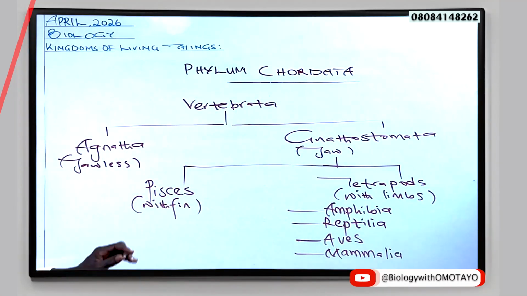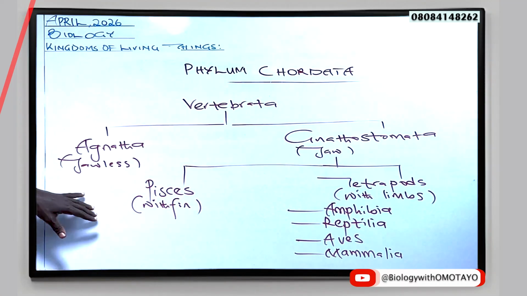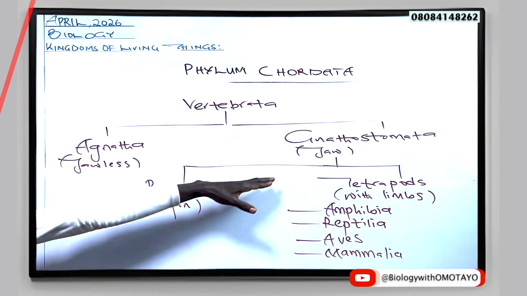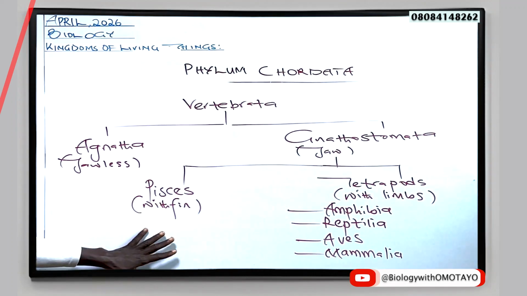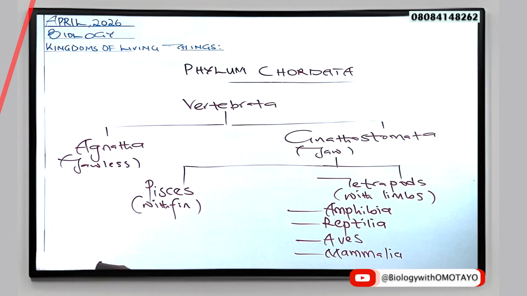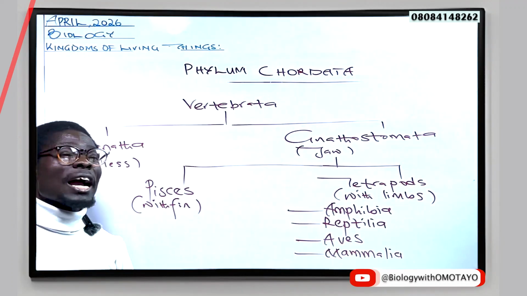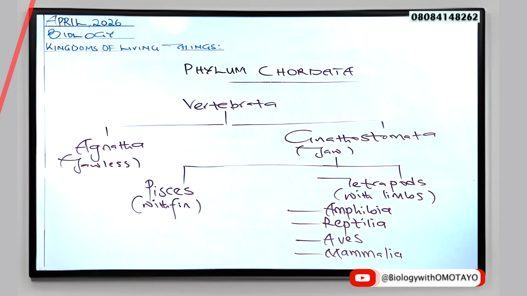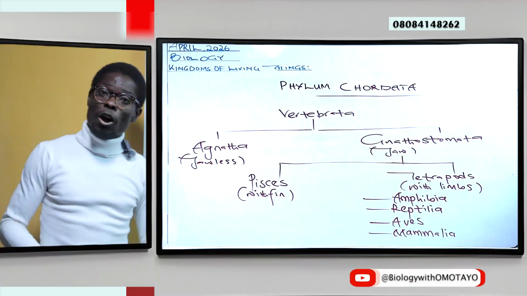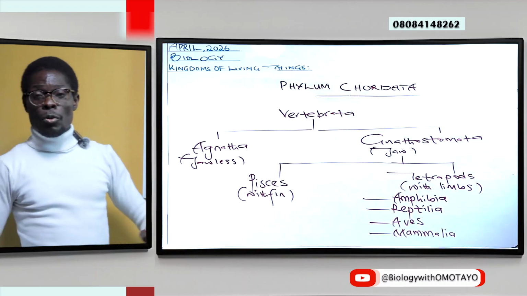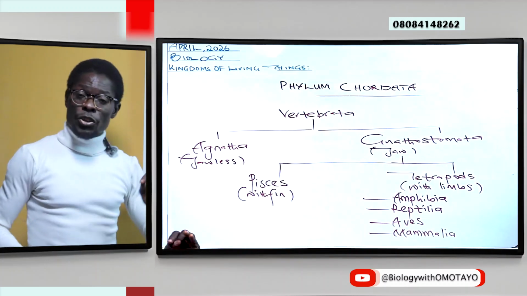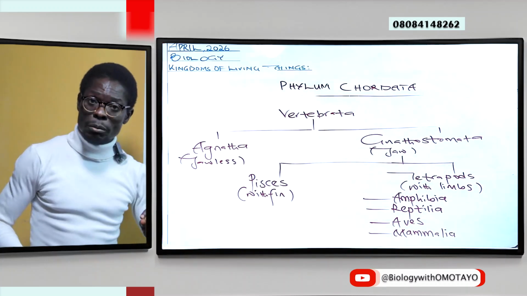A chart here will guide, as you can see: the jawless and the ones with jaws. The ones with jaws further split into the ones with fins, that's where we have our Pisces, the fish family, and then the tetrapods, the ones with limbs: Amphibia, Reptilia, Aves, and Mammalia. So in summary, our phylum Chordata has subphyla Cephalochordata, Urochordata, and Vertebrata.